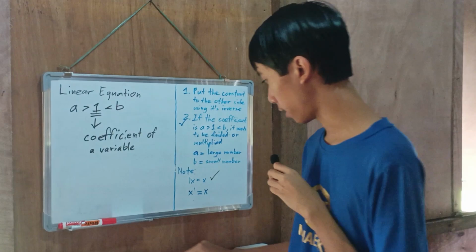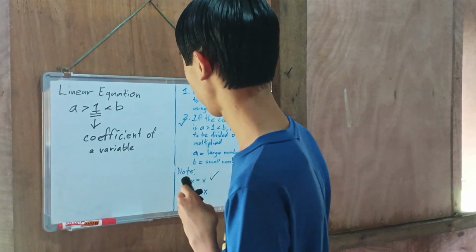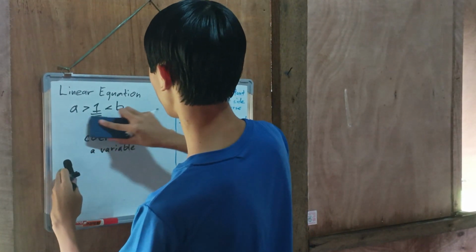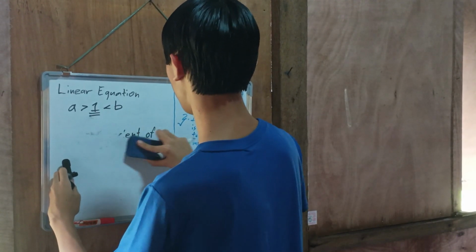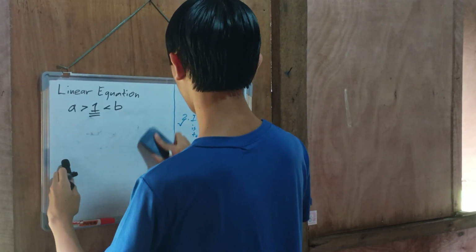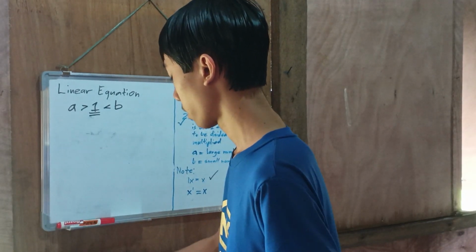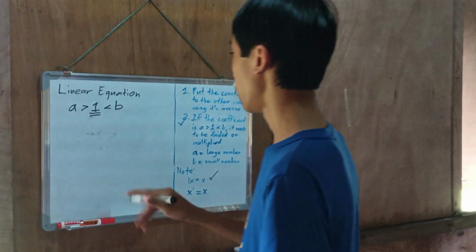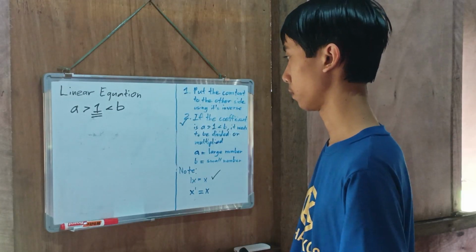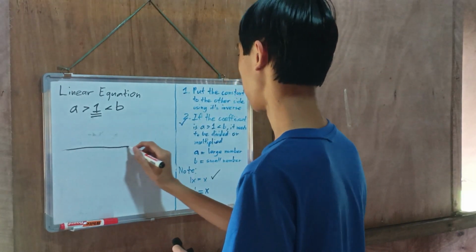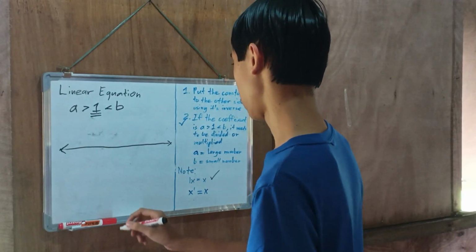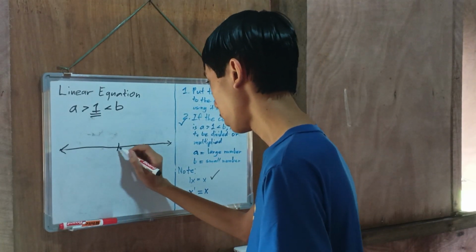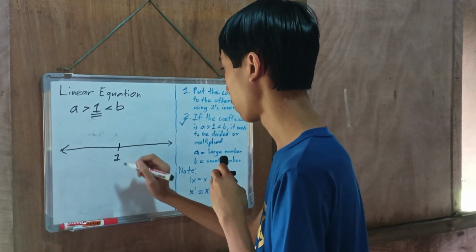I'm going to put a number line for you. Put an arrow. Now, here is 1.